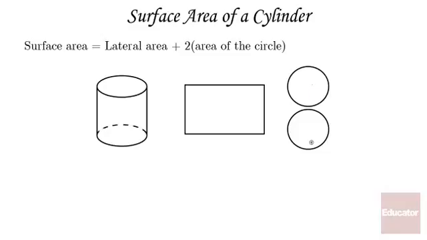Now to find the lateral area, if this is where we cut, there's a cut right there. We need to find the measure of this length and width to be able to find the area of this lateral area, this rectangle. Here, we know that this wraps around this base.